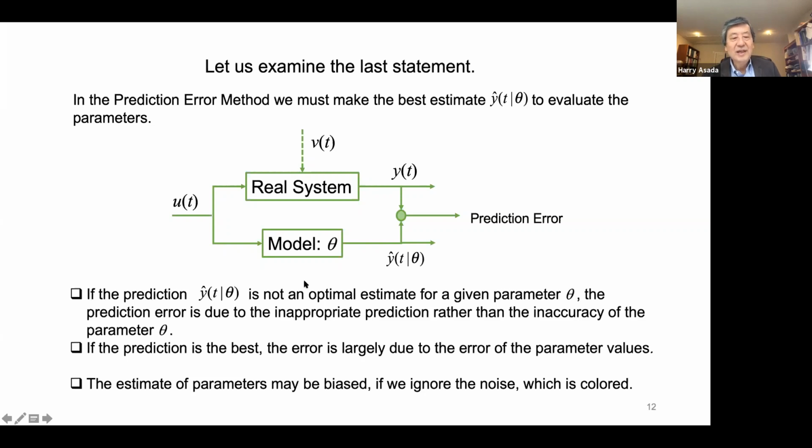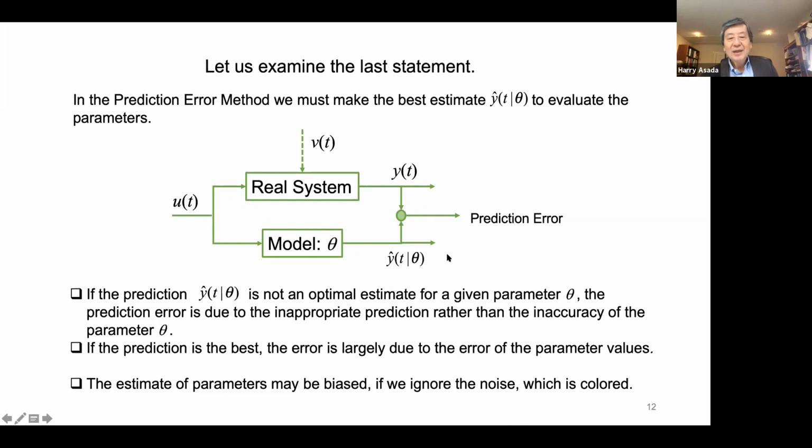So it's saying if the prediction is not optimum for a given parameter theta, the prediction error, if you simply evaluate this, comes partly from the inappropriate prediction that you are making. Basically, either this parameter theta is not properly involved here, or the structure is wrong, or the parameter values you use, theta, are wrong.